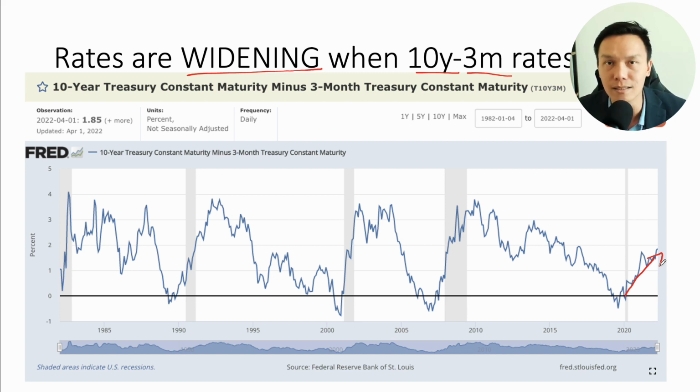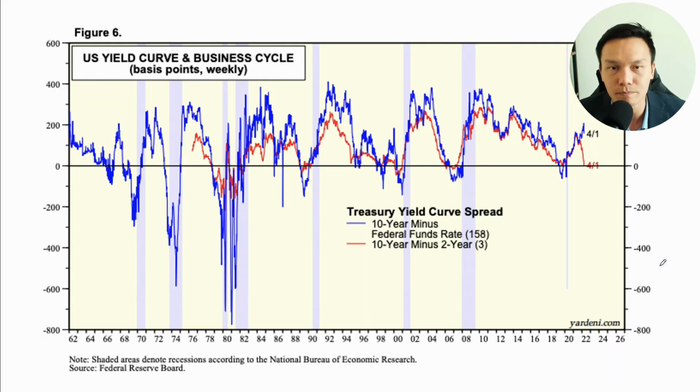Now, why is that the case? Why is the 10-year to the 2-year so different from the 10-year to the 3-month? That is because of the difference between the 2-year treasury yield and what we call the Fed funds rate. The Fed funds rate is basically the rate set by the Federal Reserve, and right now you can see the blue line is still heading upwards, because they have only hiked one time, by 0.25%.